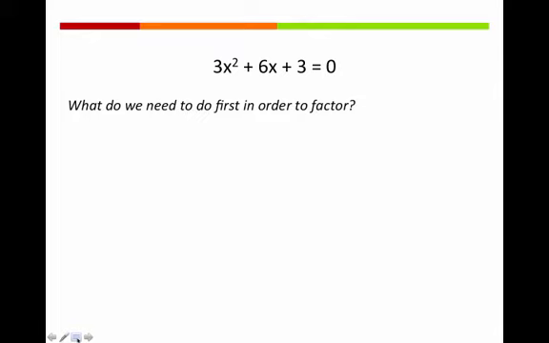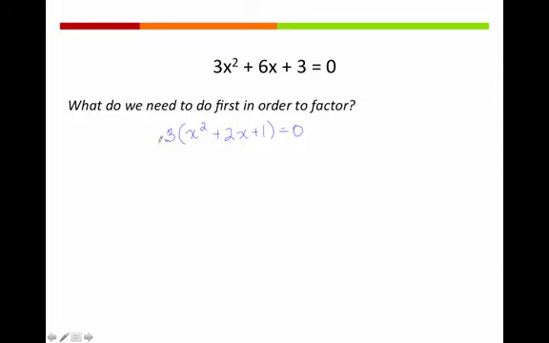So here's another example, except that I can't immediately factor. We saw this in class yesterday. I need to take out my greatest common factor first. So I'm going to take out my 3, which will leave me with x squared plus 2x plus 1 equals 0.